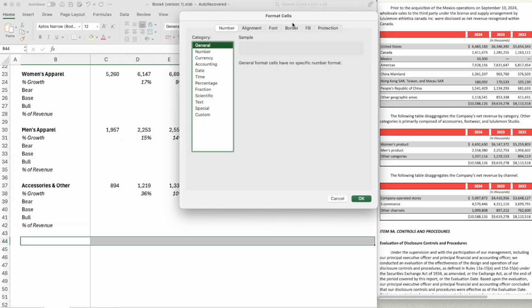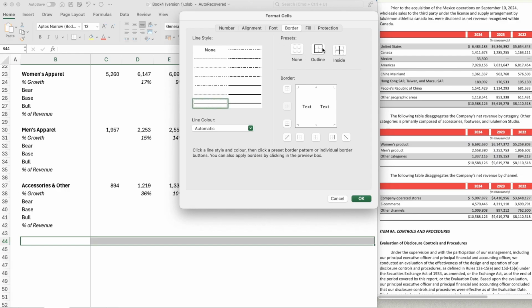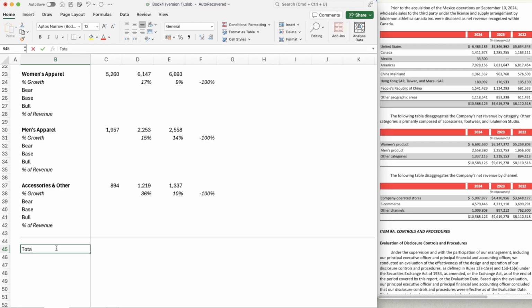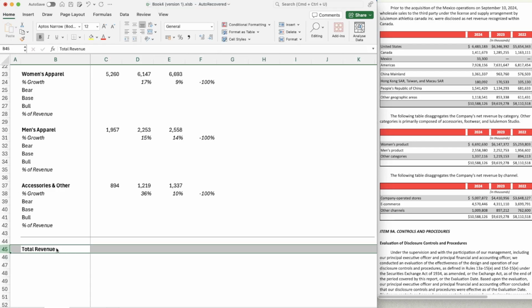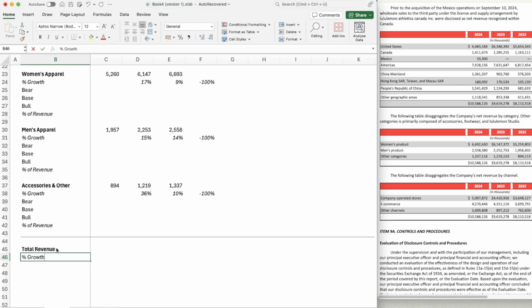And this is just for the total revenue. I'll get that ready now. We go total revenue, bold, percentage growth, and it's easy. You just go sum.